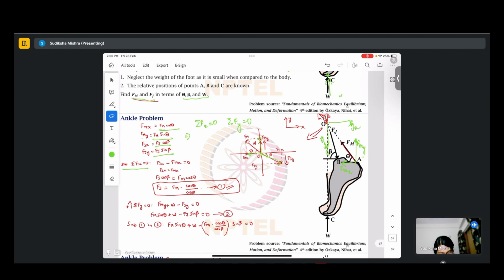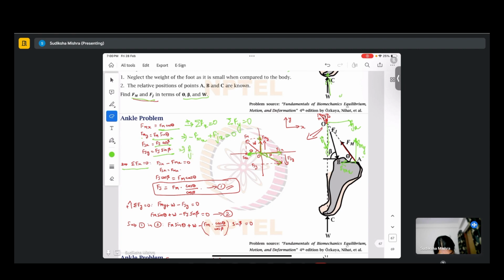So we saw that the summation of Fx, if this is the positive direction, is 0. Now in Fx there is Fmx acting around the x-axis but at this angle, so there will be a negative sign, plus Fjx, which is in this direction, is equal to 0.